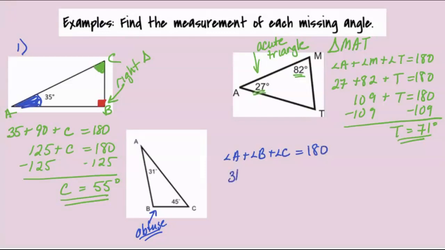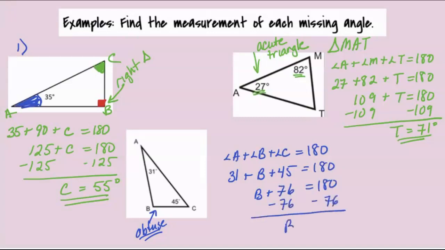That's 31 plus angle B plus 45 equals 180. B plus 76 equals 180. Subtract 76 on both sides, and we're left with angle B is equal to 104. Of course, angle B is greater than 90 degrees and less than 180 because it is an obtuse triangle.